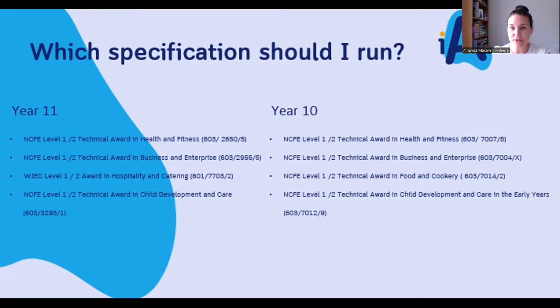Any Year 11s should remain on the older versions of the specifications that they'll already be registered on. So that goes for any Year 11s that start a course this year as well. So if you have any years that start to study one of these qualifications this year, they'll need to be registered on the old version. So that's why you might be running 2 specifications in tandem if you teach multiple year groups.